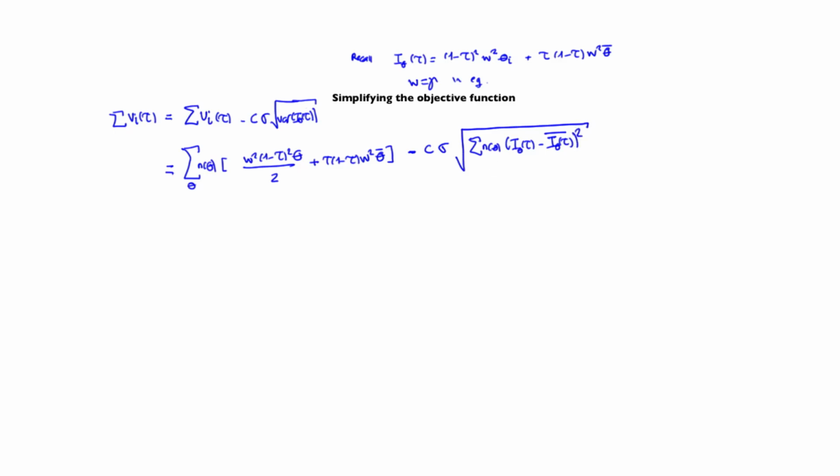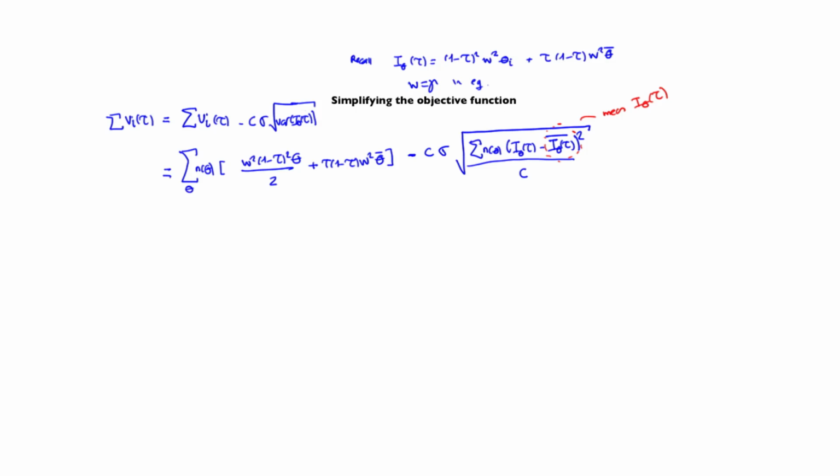Please let me emphasize this term is the mean I theta tau value. And this has to be divided by c. Please notice that the reason we divide by c is because this thing within the square root sign follows directly from the definition of the variance.